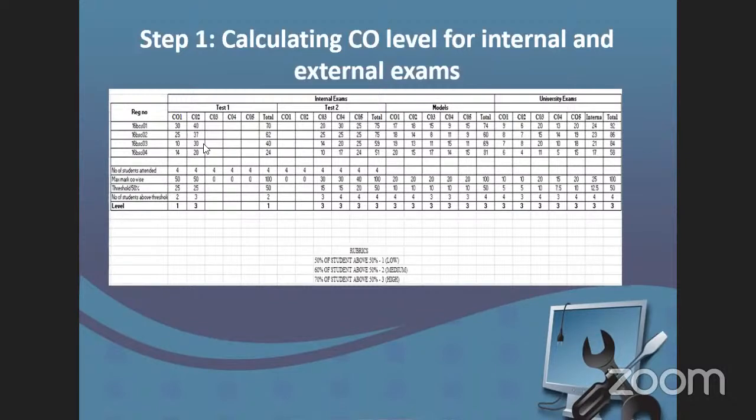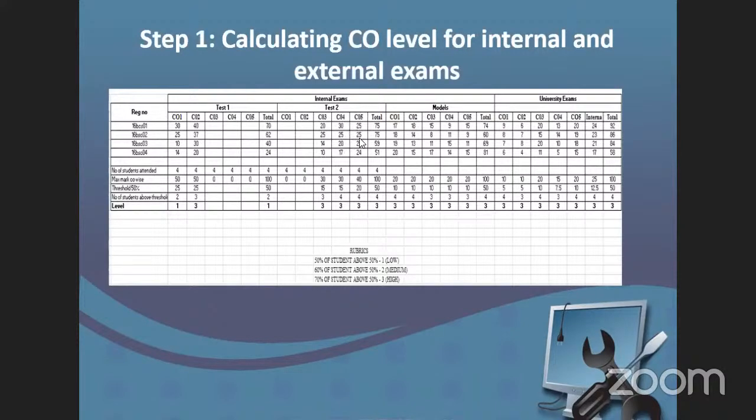So when CO1 and 2 are covered in test 1, how many students have answered for how many marks in CO1 and CO2? For CO1, I assign 50% of marks. For CO2, I assign 50% of marks. So totally 100. Here I assign CO3 50% of marks and CO4 50% of marks.